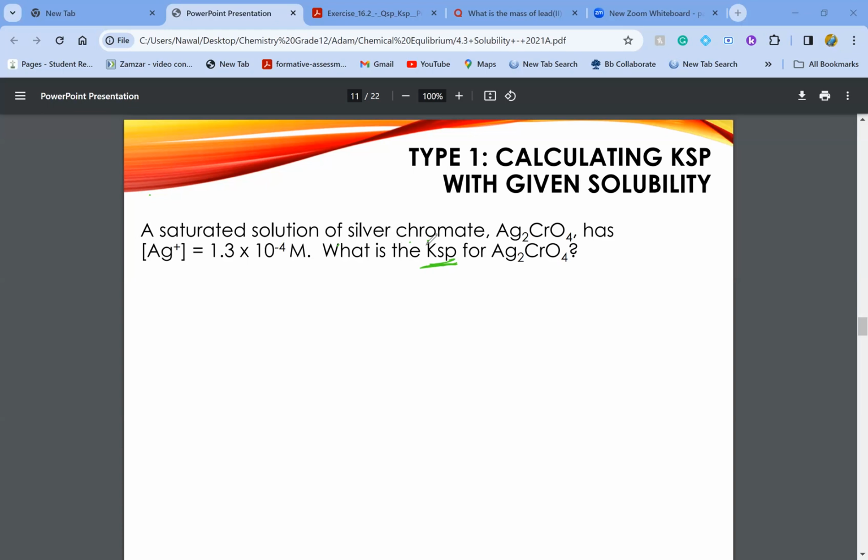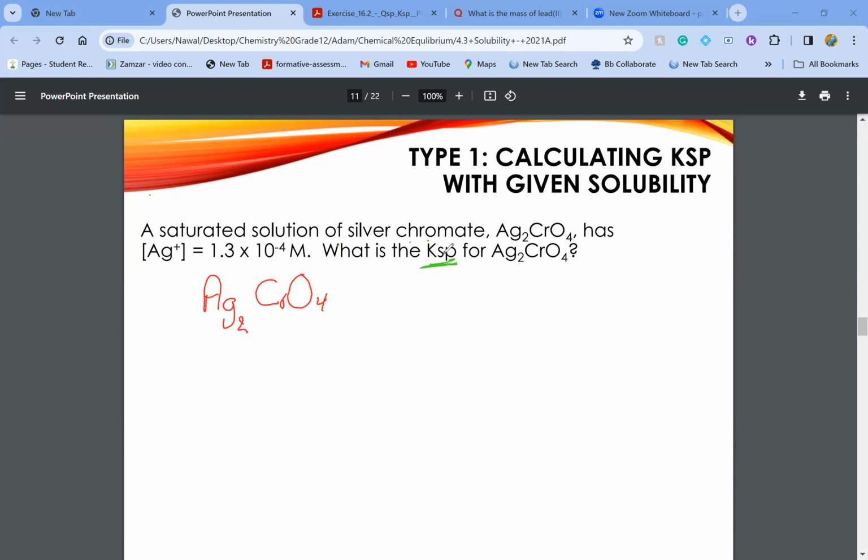A saturated solution of silver chromate. The concentration of silver is this much.